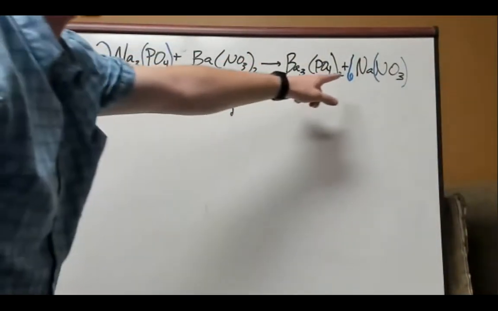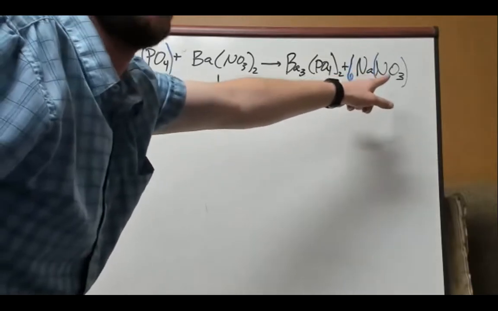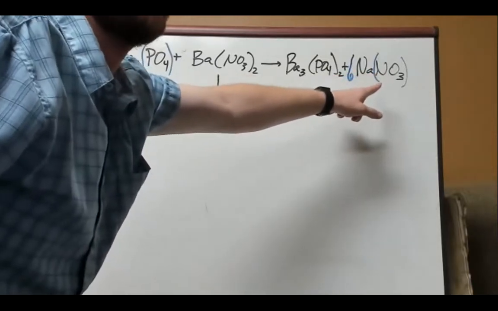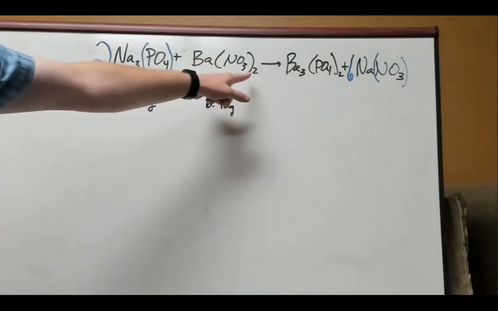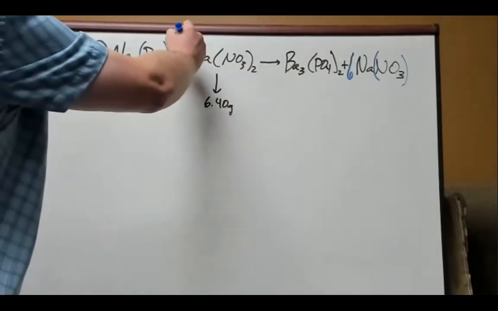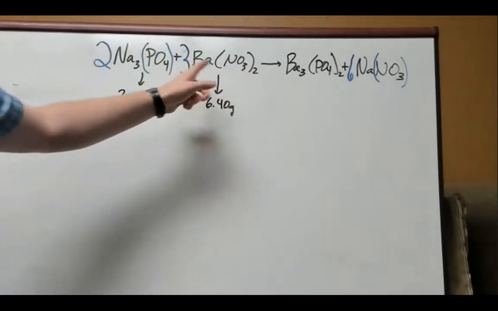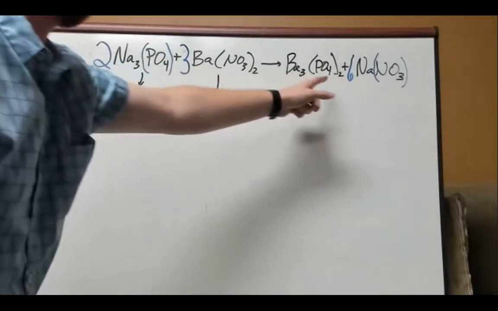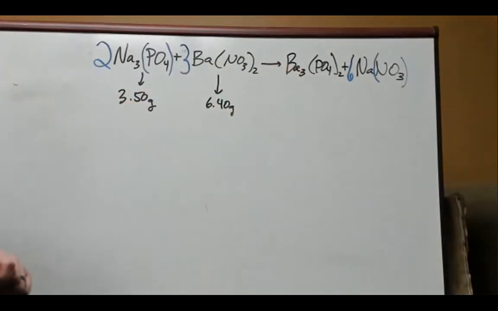If we have 6 here, we now have 6 nitrates, and we have 2 nitrates over here. So 3 times 2 is 6, which matches this. We now have 3 barium here and 3 barium there, and we are now balanced.